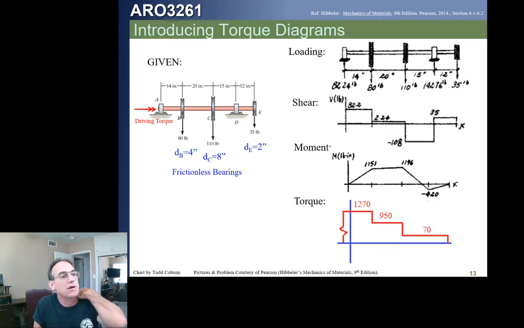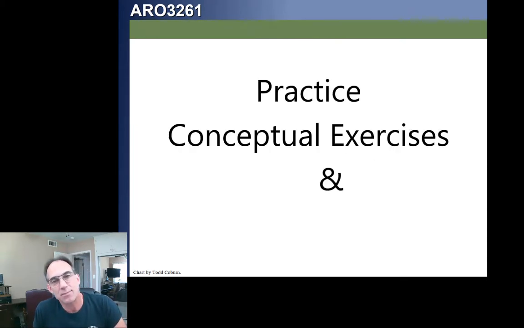We have a driving torque equal to whatever is coming in, and it's being sucked out through these three pieces, assuming these two bearings have no resistance. We already should have learned how to make shear and moment diagrams as we did in statics, and now we're adding torque diagrams to our tool base. Let's look at some practice problems.